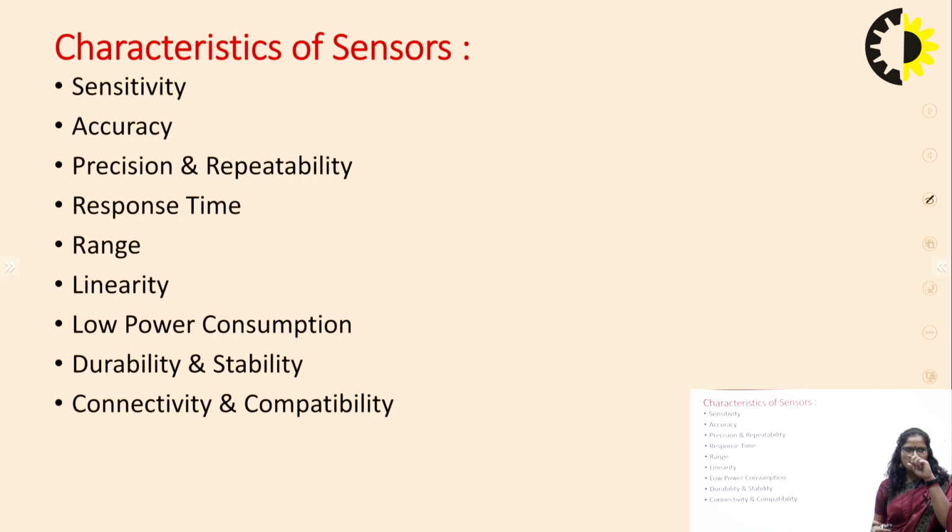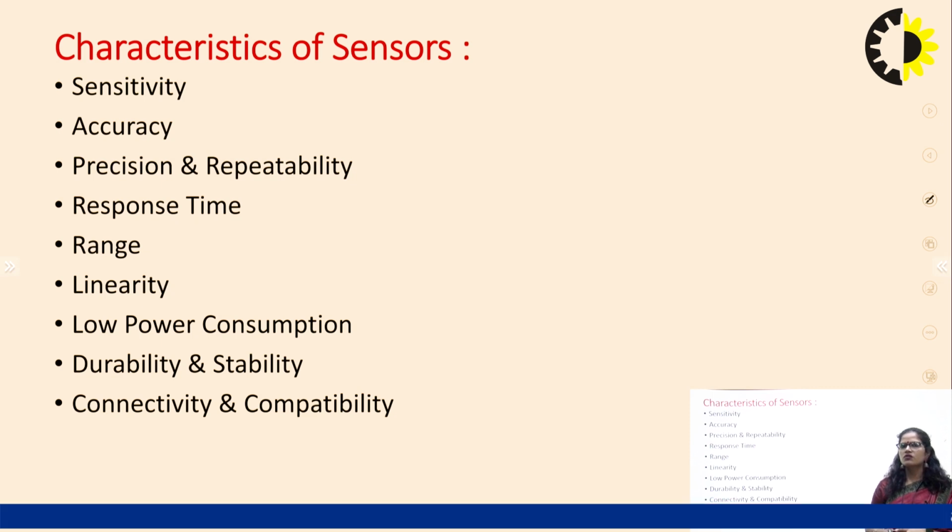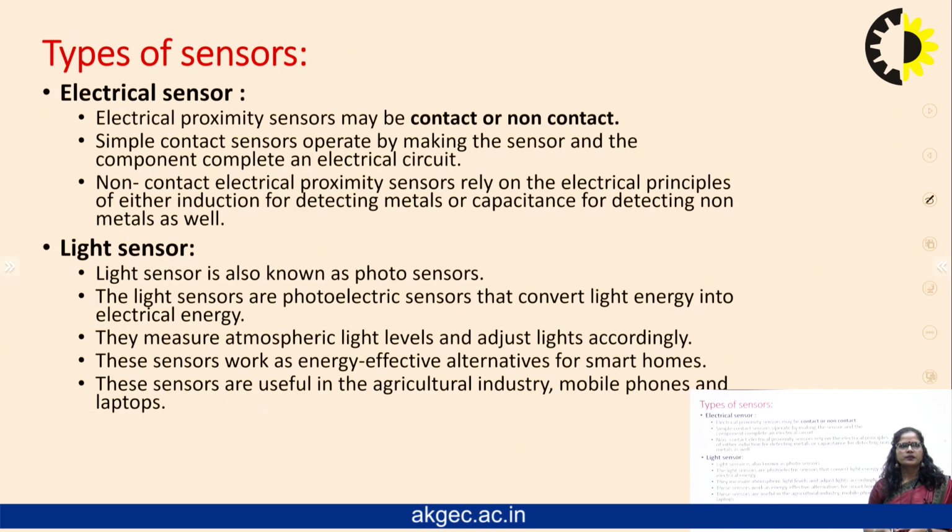So there should be low power consumption, durability and scalability. And next one is connectivity and compatibility. These are the characteristics we should have in the sensors, and by these characteristics we achieve the concept of IoT with energy efficiency, right?